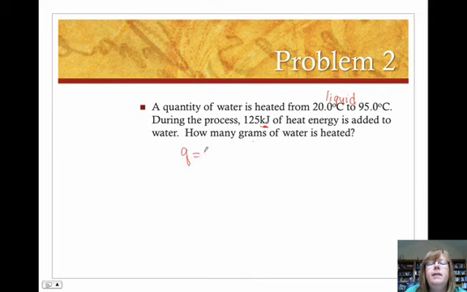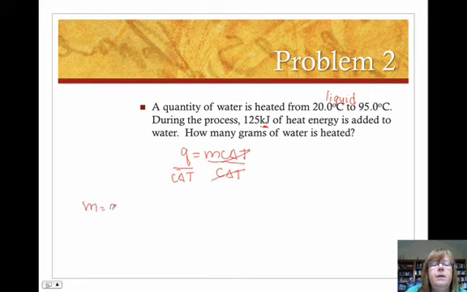Okay, Q is equal to MC delta T. How many grams, we're solving for M. So get M on one side by itself by dividing both sides by C delta T. And so see, it cancels here. So our mass is equal to Q divided by C delta T. Okay, now the C for liquid water is 4.18 joules per gram degrees C.